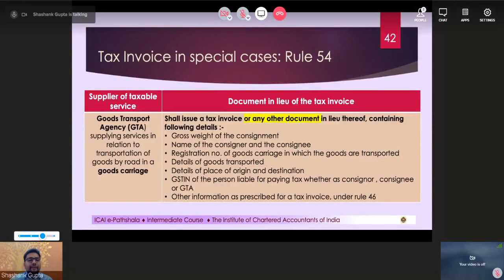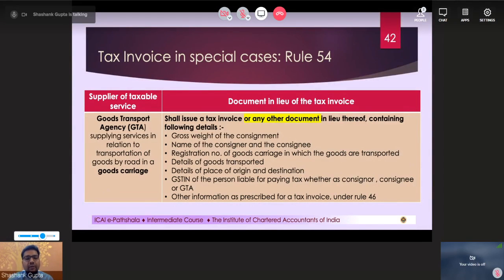In case of GTA, supplying services in relation to transportation of goods by road in a goods carriage, they shall issue a tax invoice or any other document in lieu thereof, but the following details should be captured: gross weight of the consignment, name of the consignor and the consignee, registration number of the vehicle, details of goods transported, details of place of origin and destination, GSTIN of the person liable for paying tax, and other information as prescribed for a tax invoice under Rule 46.